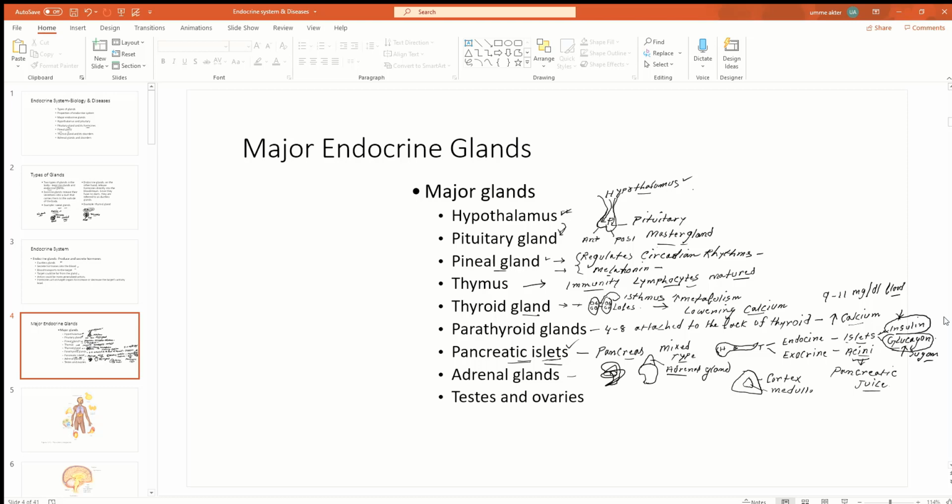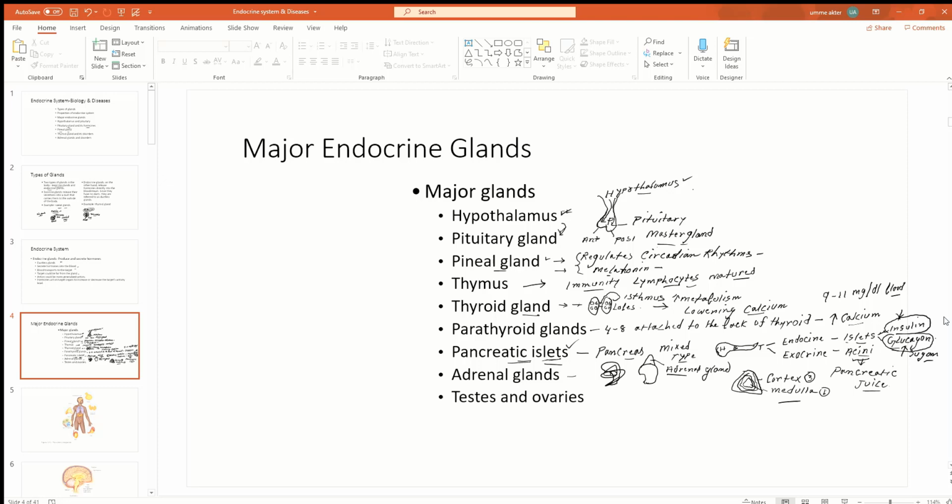Okay, and the cortex has three layers. If you see the cortex under the microscope, you'll see three layers, three types of cells in it. So the cortex has three layers and the medulla is one.